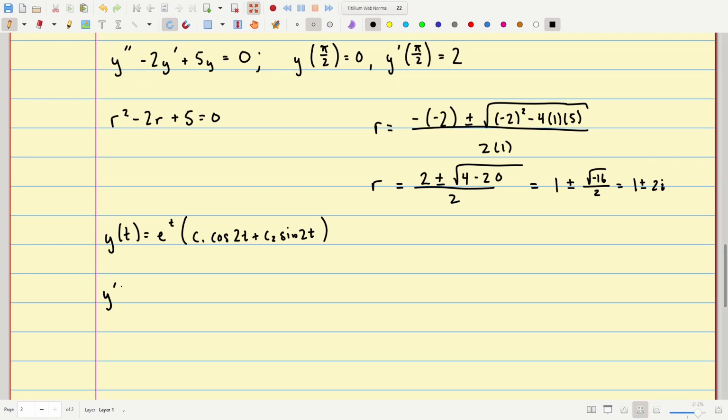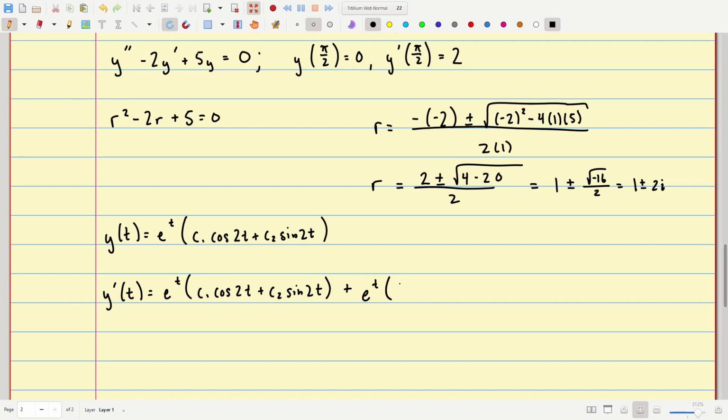Before we do that, we're going to go ahead and take the derivative of our expression, just so that's done. We differentiate the first term and leave the second one alone. That's part of the reason why I prefer this way of writing these solutions with the e to the t already factored out. And then to complete the product rule, we leave the first function alone and then multiply by the derivative of the second.